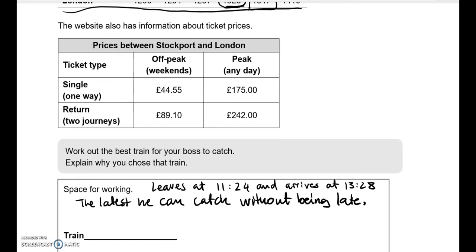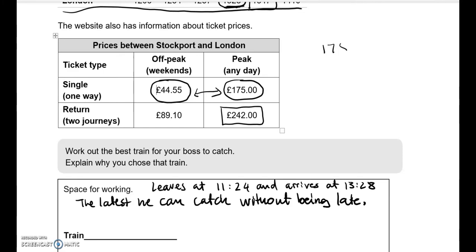One is to book a single ticket off-peak and a single ticket peak. Or the other option would be to book this return journey peak any day. So we'll add these two together and see how they compare to the 242.